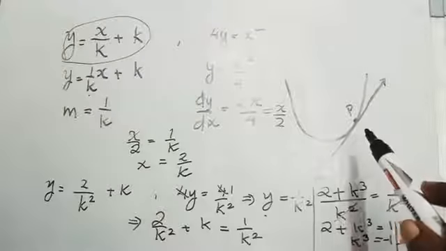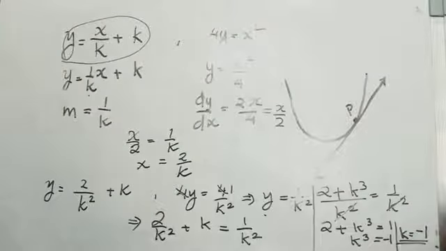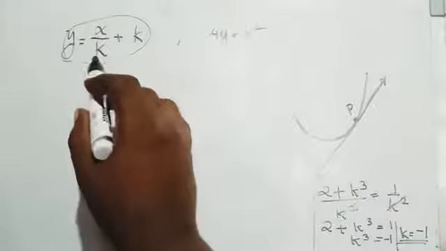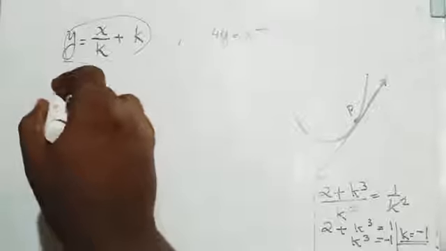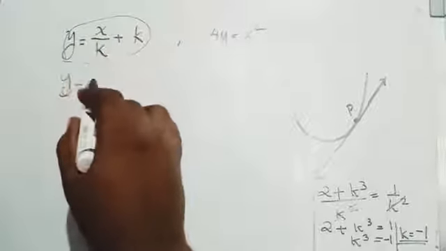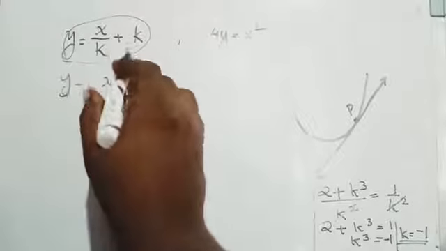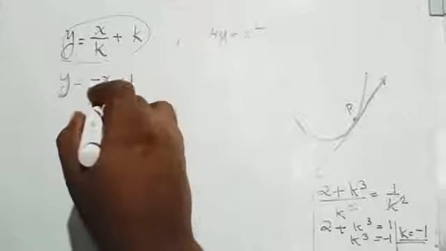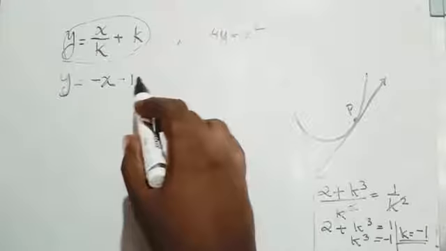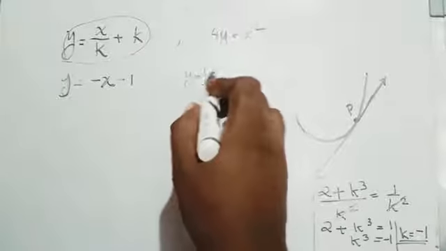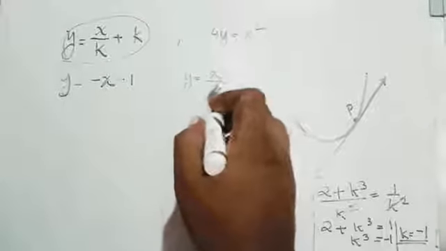Now let's find the point P. It's very simple to find the point P. As k is minus 1, this equation becomes y equal to x by minus 1, that is minus x, plus k, that is minus 1. So we get y is equal to minus x minus 1, and here y is equal to x squared by 4.